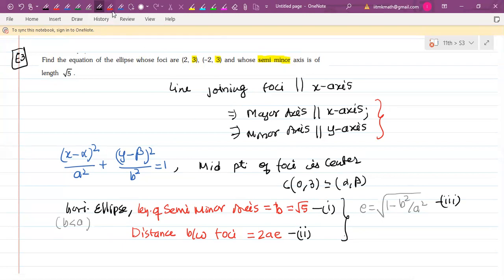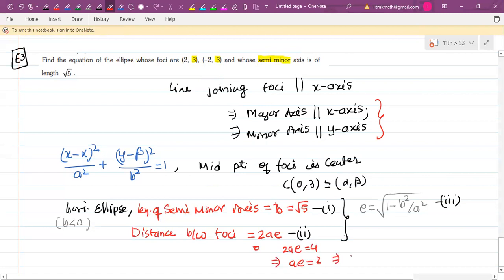Okay, and then what is the distance between foci? That is 2AE, and 2AE is equal to 4. So AE is equal to 2, right? And then you can write here a square minus b square is equal to 4.